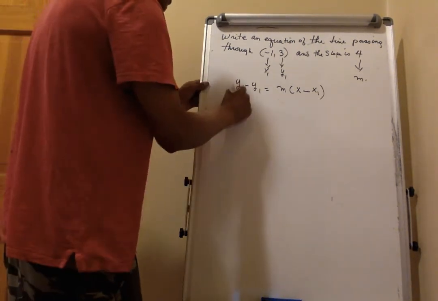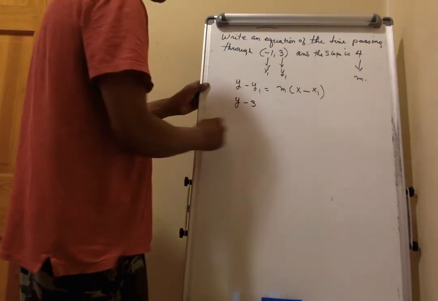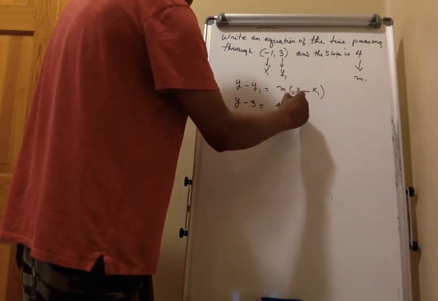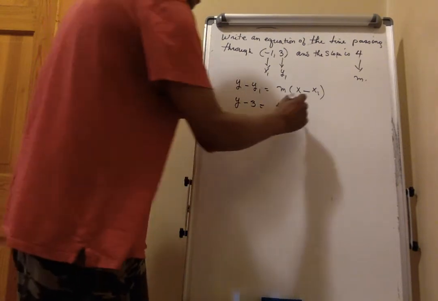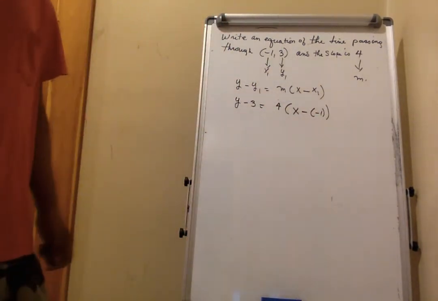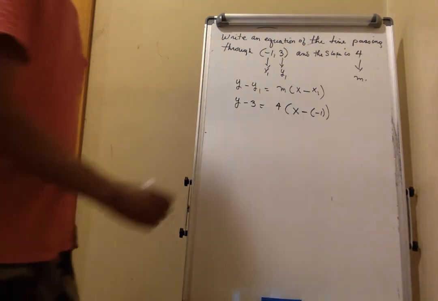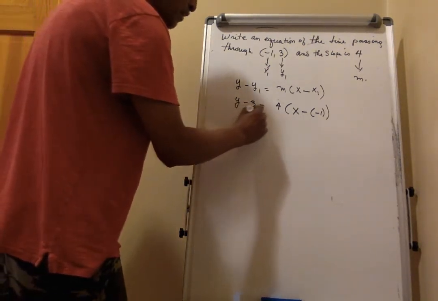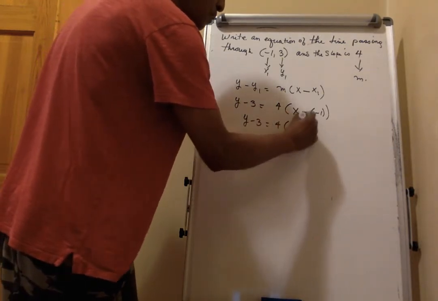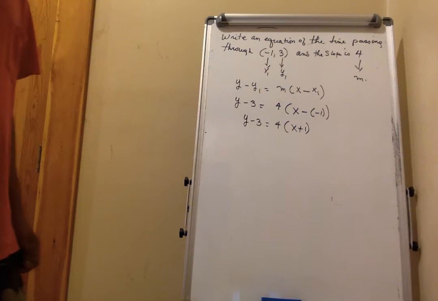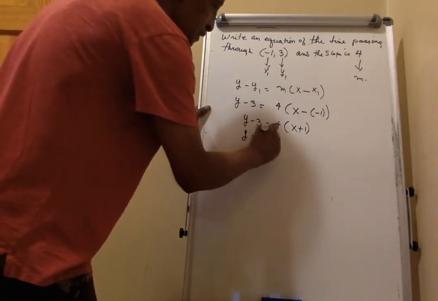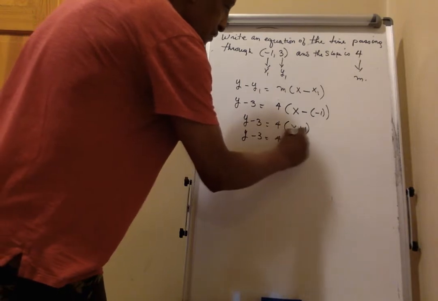Then go ahead: y minus 3 is equal to, the slope is 4, and then you have x minus your x1, which is -1. So what do we get here? y minus 3 is equal to 4 times x plus 1. y minus 3 is equal to 4x plus 4.